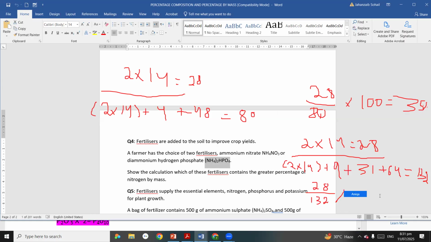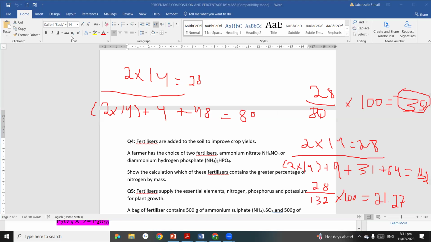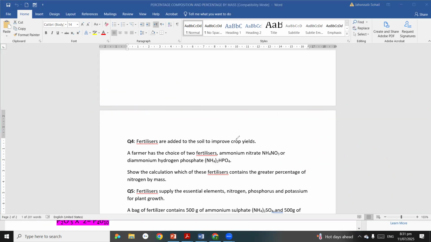Okay, good. So which fertilizer contains more nitrogen? This one. Okay, very good. So you have to compare this one. Very good.